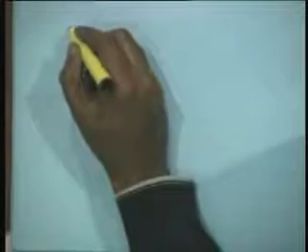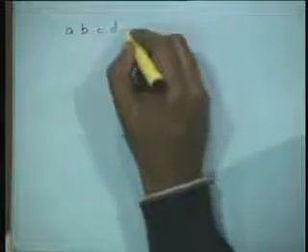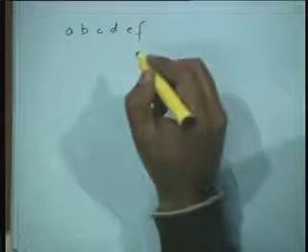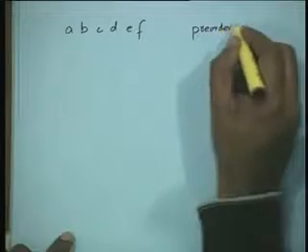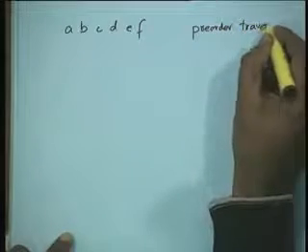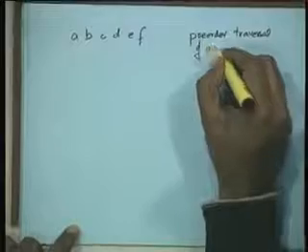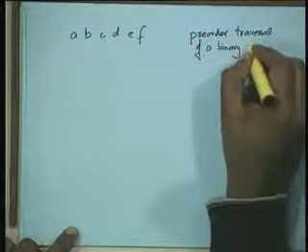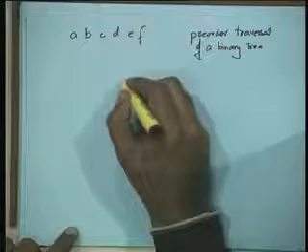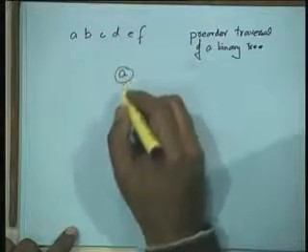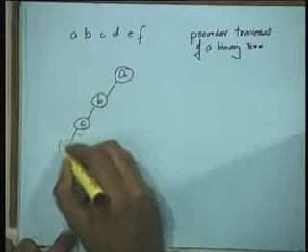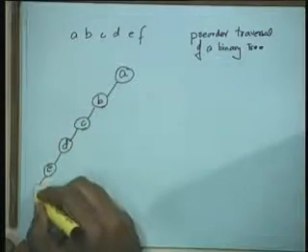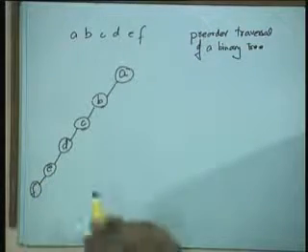So we said A, B, C, D, E, F, let's say, is the pre-order traversal of a binary tree. So we said A, B, C, D, E, and F. This is one.